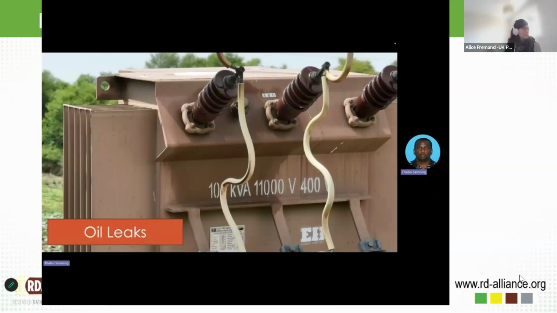So they were able to go and fix all these problems that we have identified, and this really made their problem in terms of power cuts go down, and they were very happy.